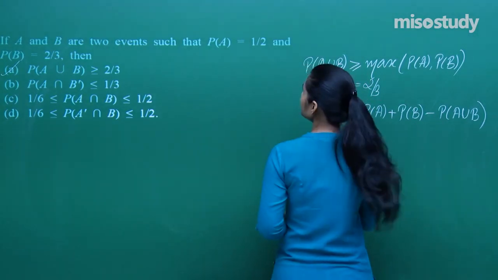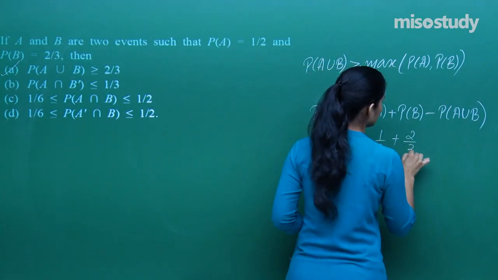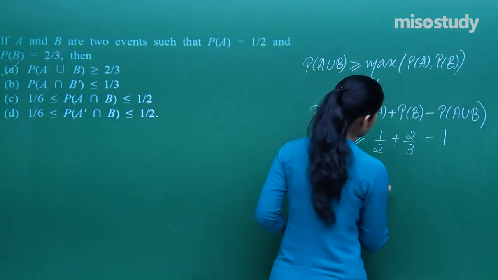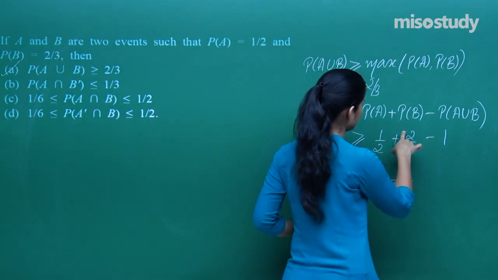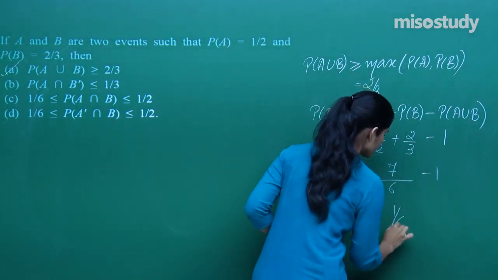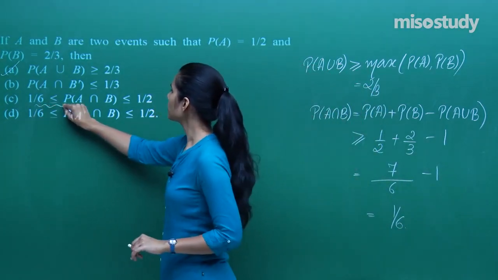This is equal to probability of A plus probability of B minus 1. So this becomes what? You basically get, this is 6, this is 3 plus 4, that is 7 by 6 minus 1, which is 1 by 6. So probability of A intersection B is yes greater than or equal to 1 by 6.